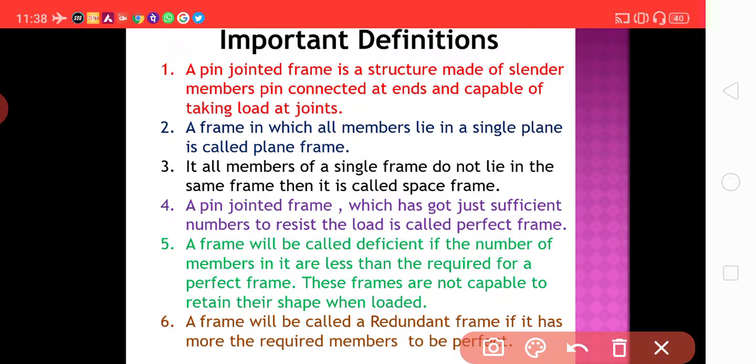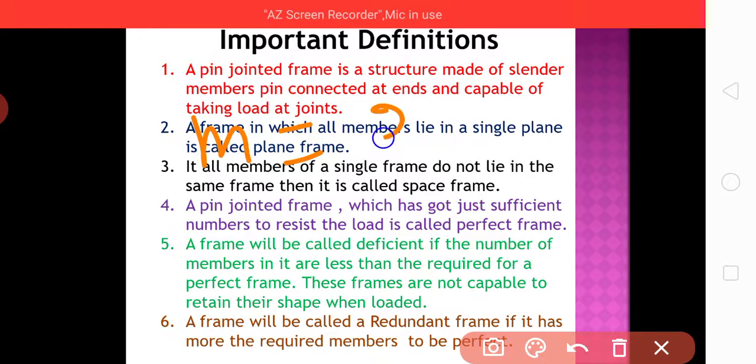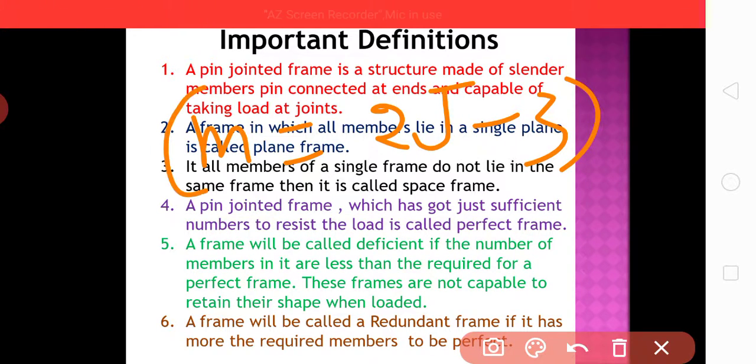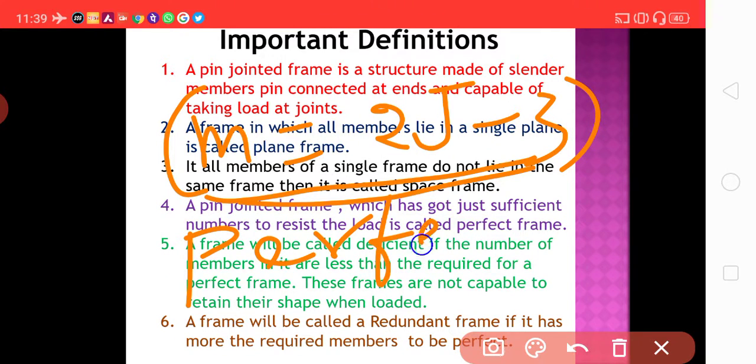Again, there is the equation m equal to 2j minus 3, where m is the number of members and j is the number of joints. If a frame structure or truss satisfies this equation, then it will be called a perfect truss, otherwise imperfect.